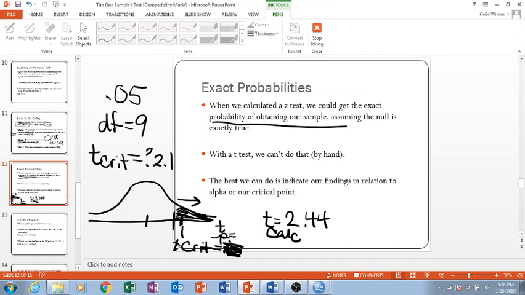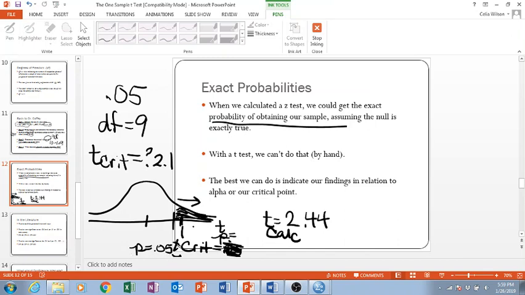Whatever this t critical is, we'll need to look it up in the back of the book, but the corresponding p-value for the t critical is 0.05. All right, because that's what we said. We said, whenever we run this test, our cutoff value is going to be 0.05.